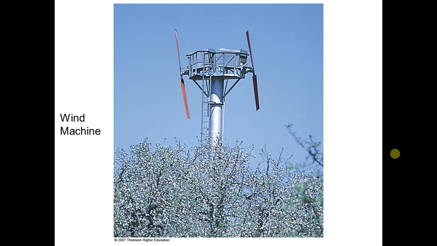Another option to help protect trees and other forms of vegetation on freezing nights is to mix the cold air at the ground with the warmer air above, raising the temperature of the air near the ground. Such mixing can be accomplished using wind machines, which are power-driven fans resembling airplane propellers.